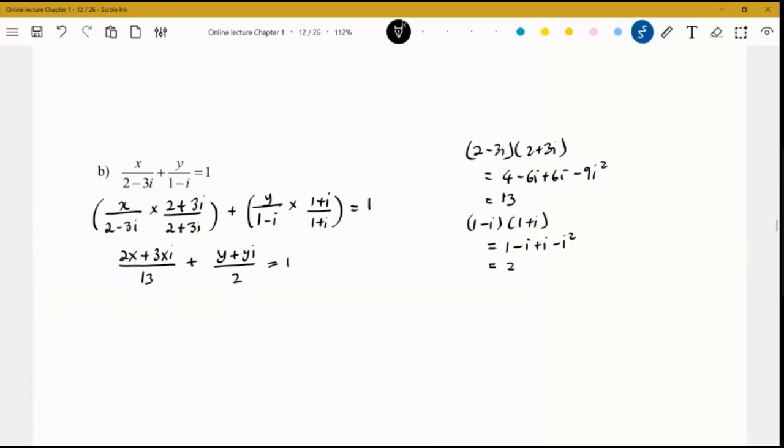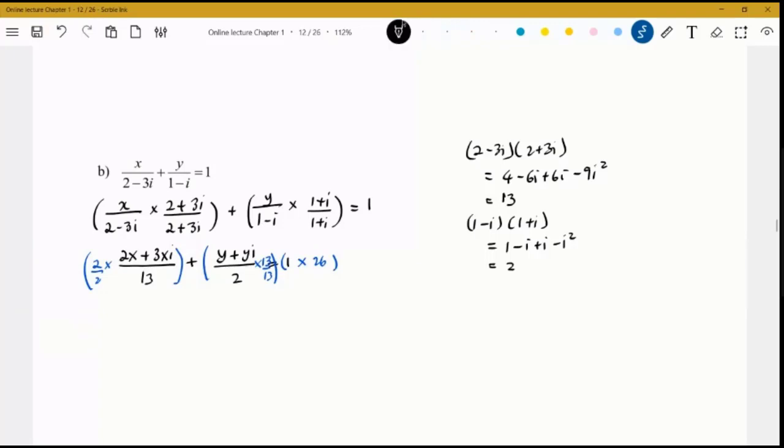Okay, so you have to balance up denominator so that we can make it everything as in one line. So di sini kita perlu darab 2. Di sini perlu darab 13. Di sini perlu darab 26. Okay, ini darab dengan 2. Ini darab dengan 13. Ini darab dengan 26.